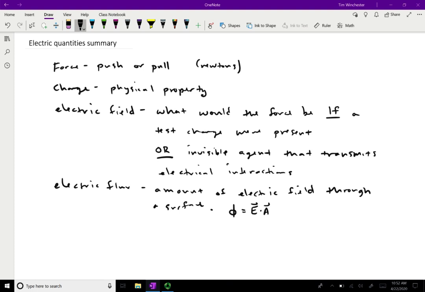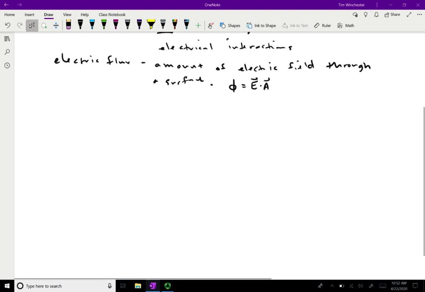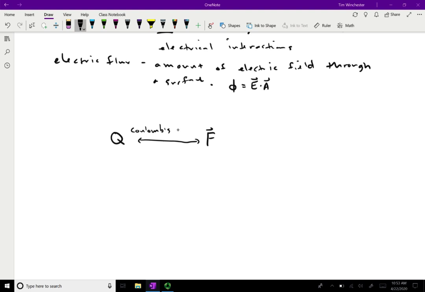So what are the interactions between these? Well, the starting point that we had was that we have charge, Q, and that is related to the electric force. These two are related by Coulomb's law. Increasing the charges increases the force between the charges, and so on.